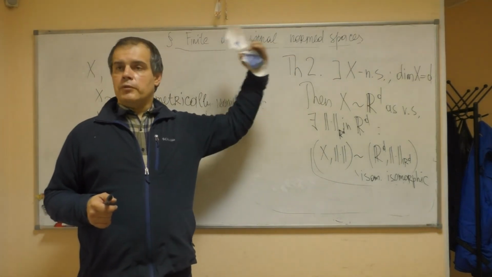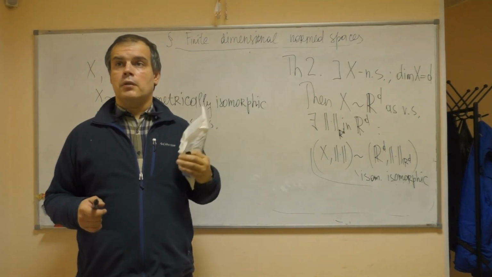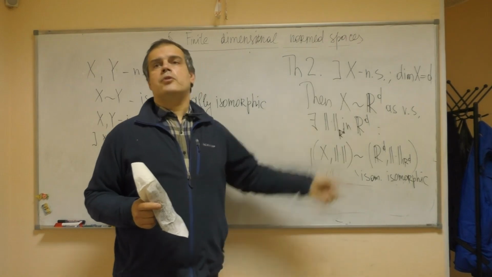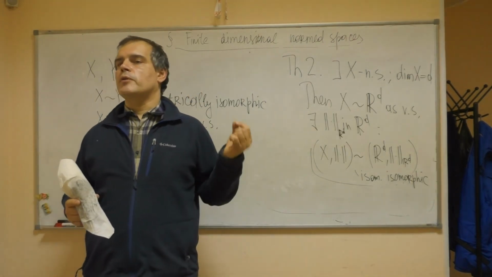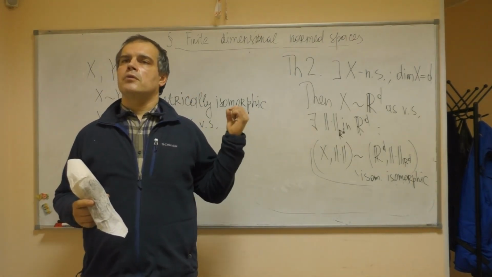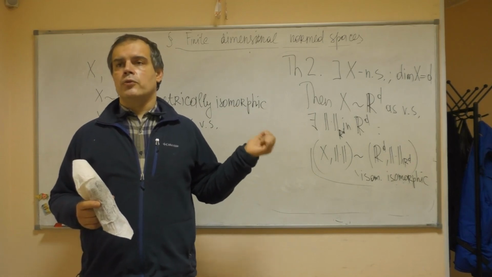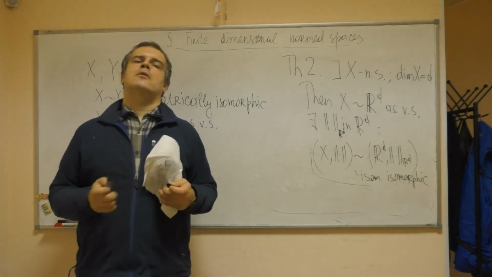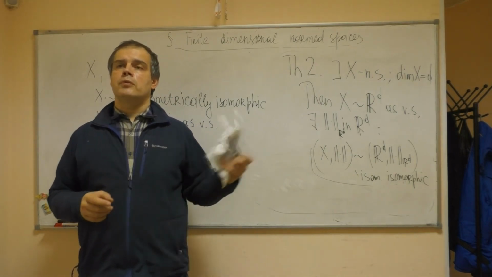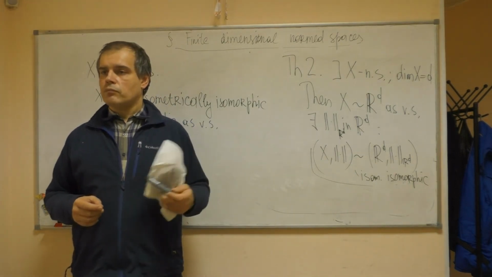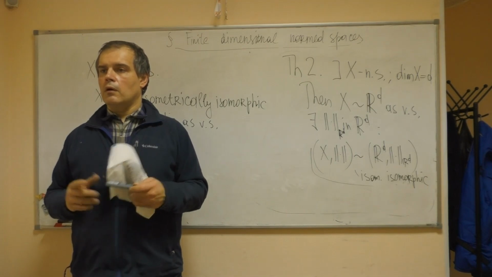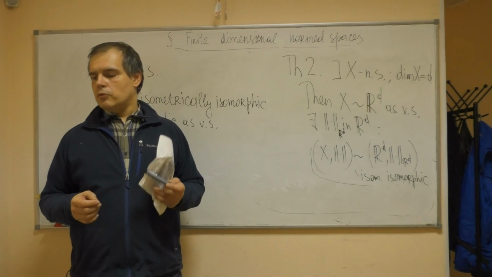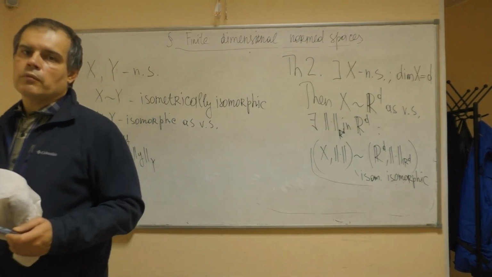From this theorem it follows that each finite dimensional space is in particular complete and also separable. We will prove it in exercises. And I think that's all I wanted to say. Thank you, goodbye.